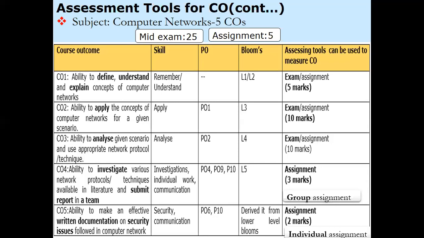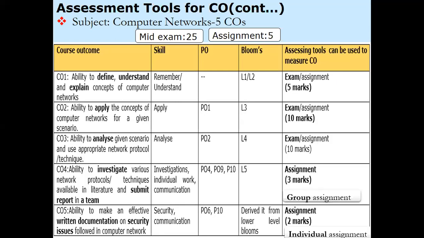CO5 is focused on the individual assignment, with more emphasis given to security issues. The student has to do this as an individual and submit the report. But with respect to the group assignment, a group of 3 to 4 students together will do the literature work and, based on that, submit the report.